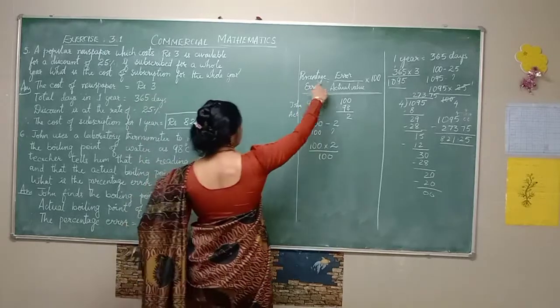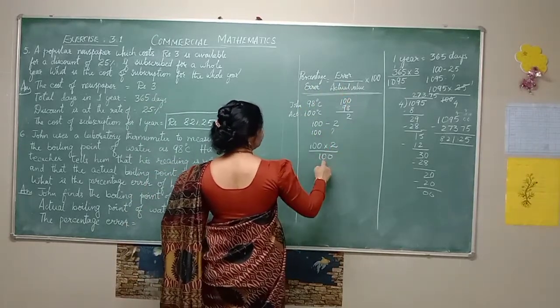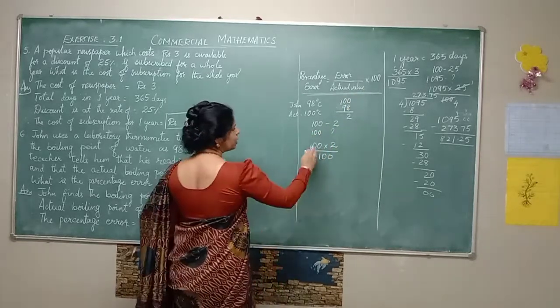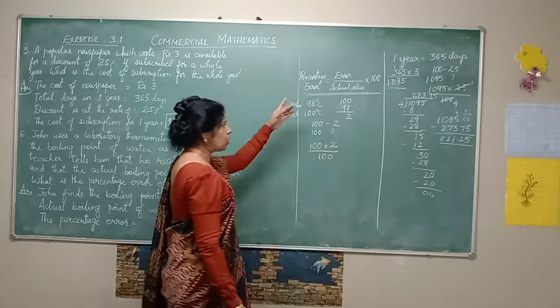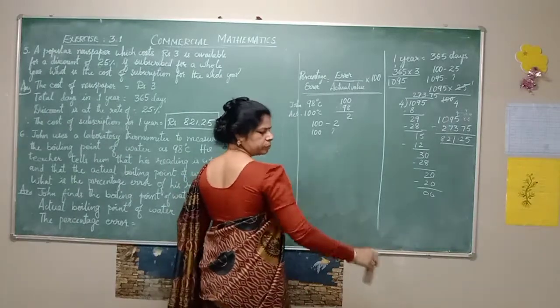See, percentage error. So error is how much? 2. Actual value is 100 into 100. You can write 2 into 100 by 100. Better you write like this.